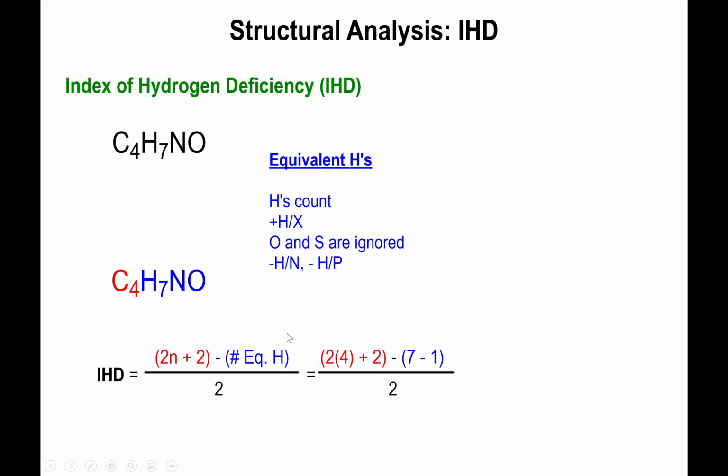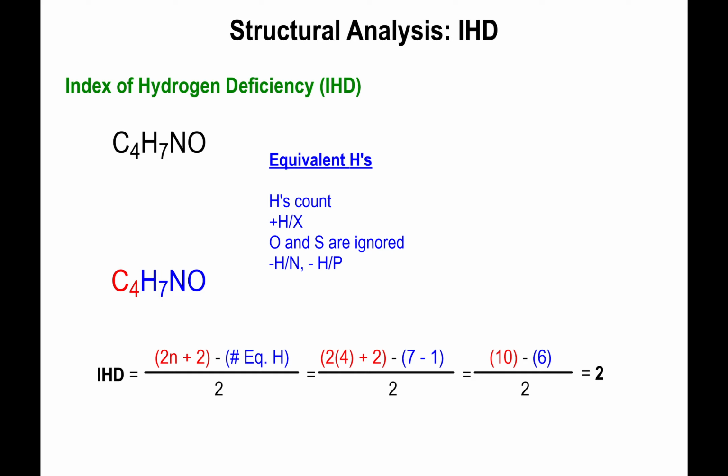So there's 7 hydrogens, hence the 7 here, but there's also a nitrogen present. And the nitrogen basically subtracts 1 hydrogen for every nitrogen that you have there. So 1 nitrogen present in the molecule means that we're going to subtract 1 out of the total hydrogens we have there. Now oxygen, we do nothing with that. We simply ignore it. So we have 2 times 4 plus 2, all of that minus 7 minus 1, which is the same thing as saying 10 minus 6, which is 4, and 4 divided by 2 is simply 2.